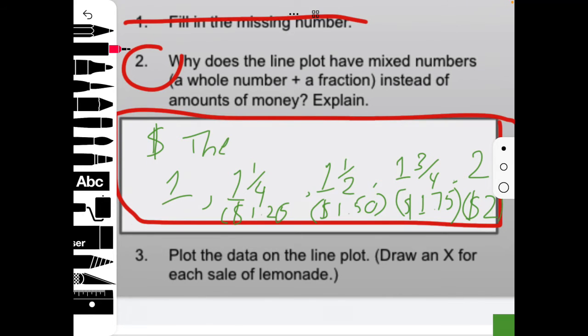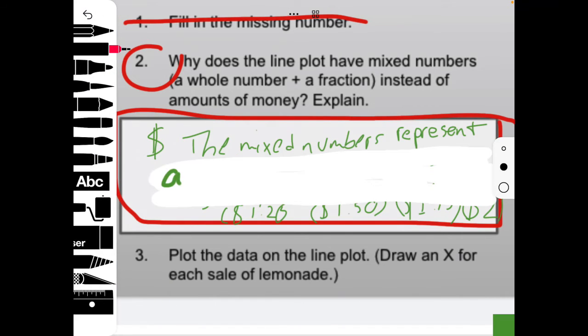The mixed numbers represent amounts of money.